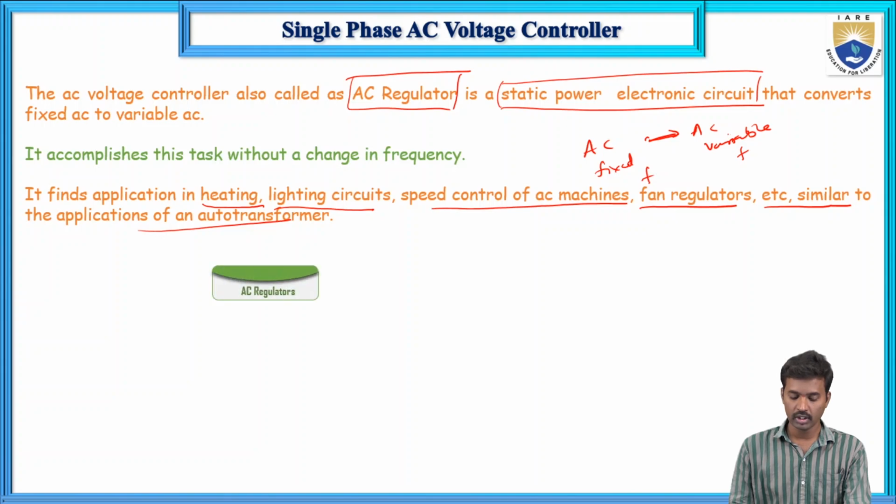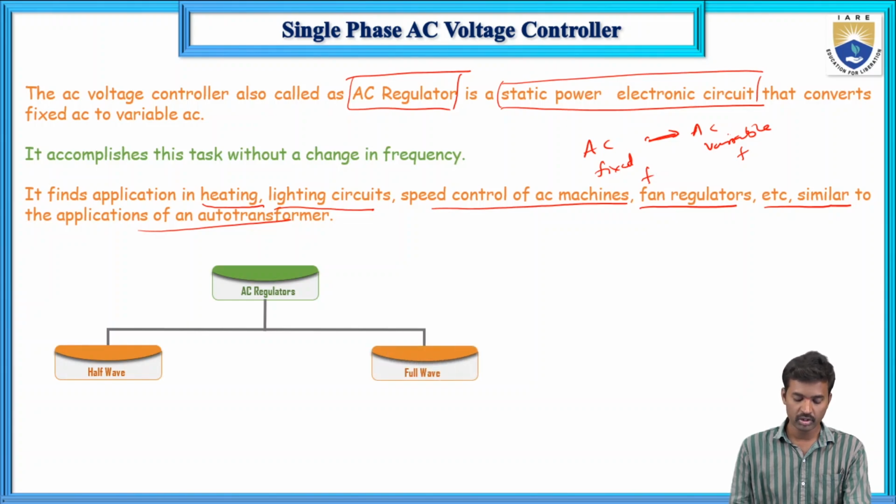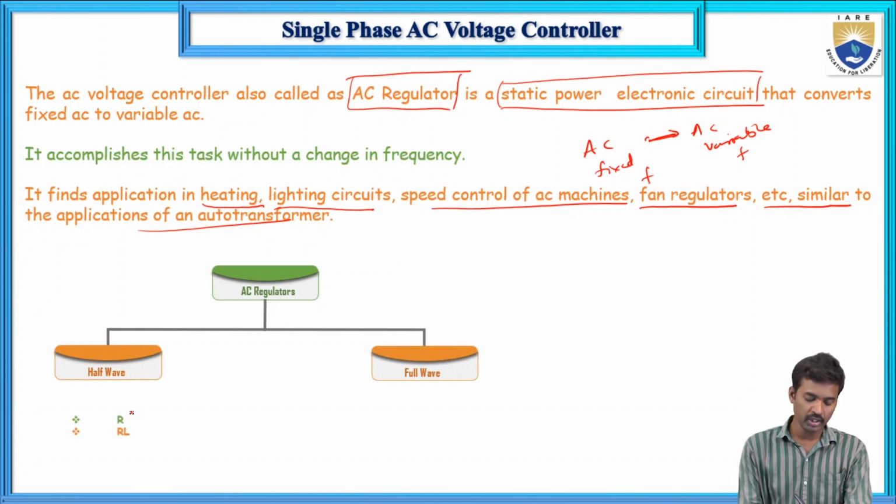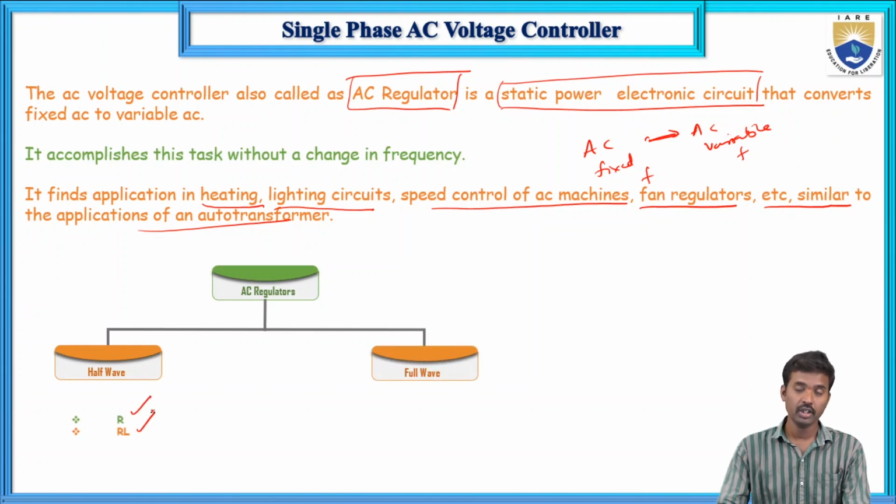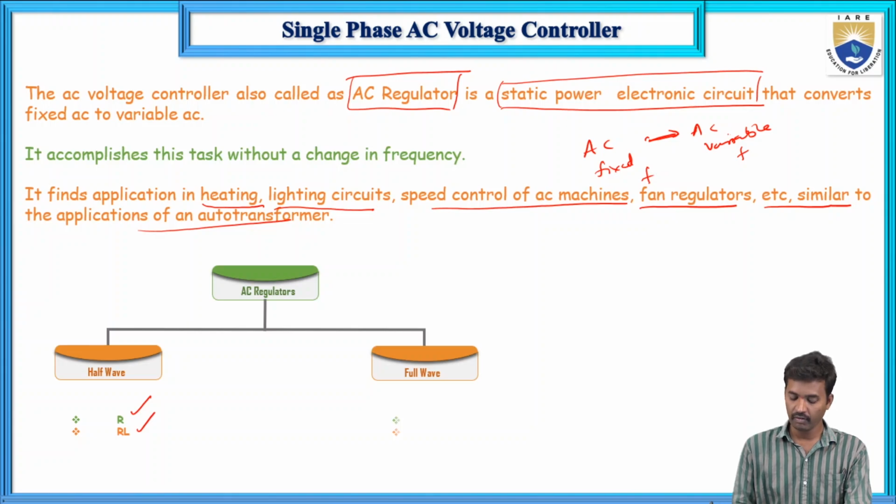Now these are the classifications of AC voltage controllers. The first one is half wave and the second one is full wave. First I will explain the single-phase half wave AC voltage controller with R load and L load. After that I will explain the single-phase AC voltage controller with full wave, R and L load.